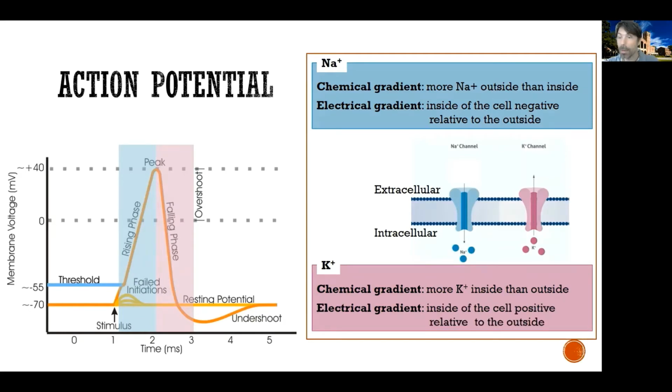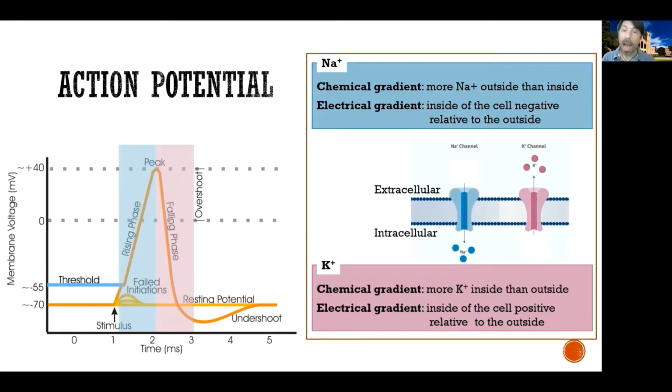Second, now there's the reverse electrical gradient, because all this sodium came in and made the inside positive. Potassium is a positive charge, and so is now attracted to the outside of the cell, which is relatively more negative. And so potassium will spontaneously flow towards the outside.